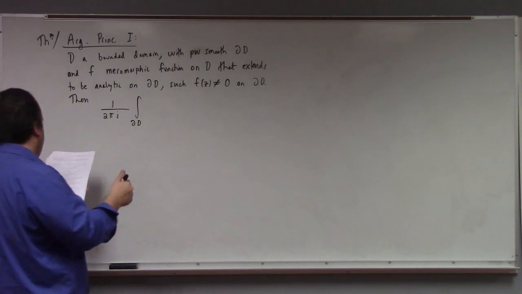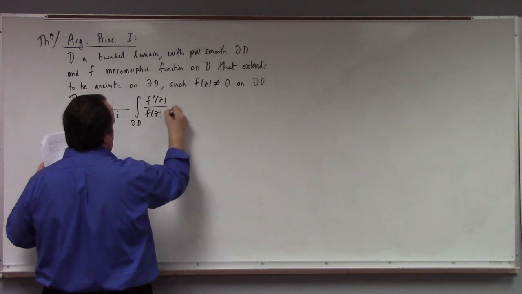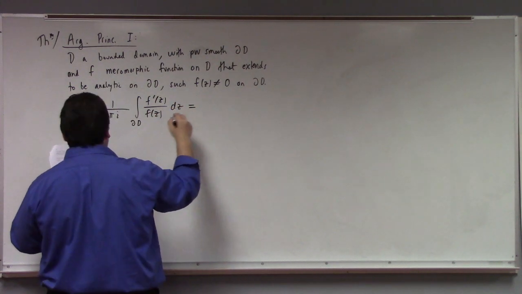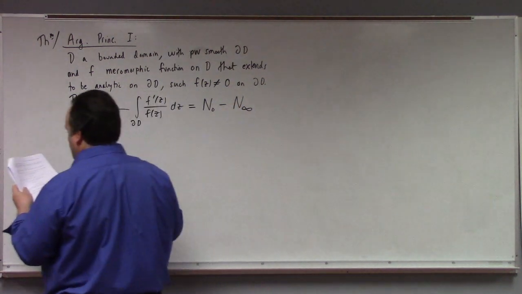Anyway, so 1 over 2 pi i integral of f prime of z over f of z dz, what is this equal to? It is equal to n sub 0 minus n sub infinity. And what does that mean?